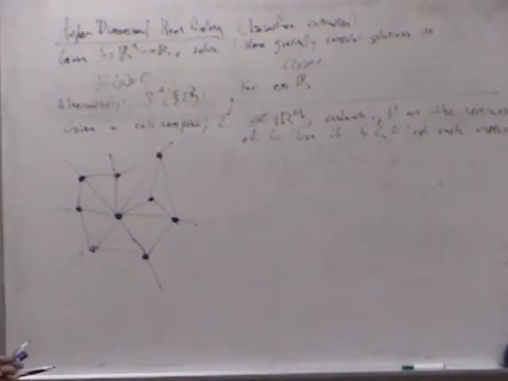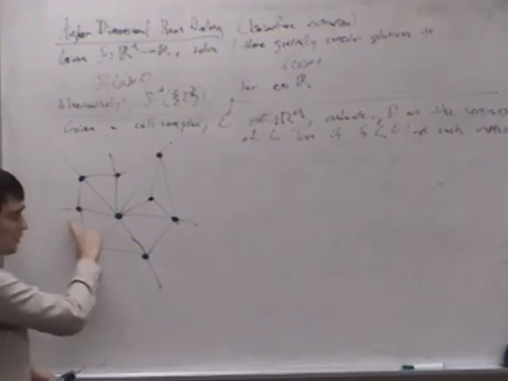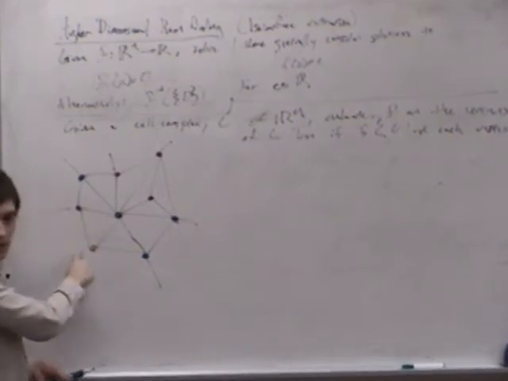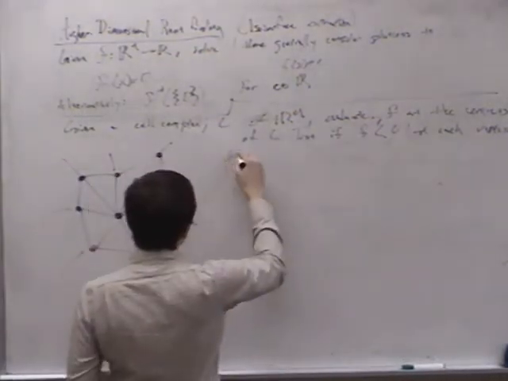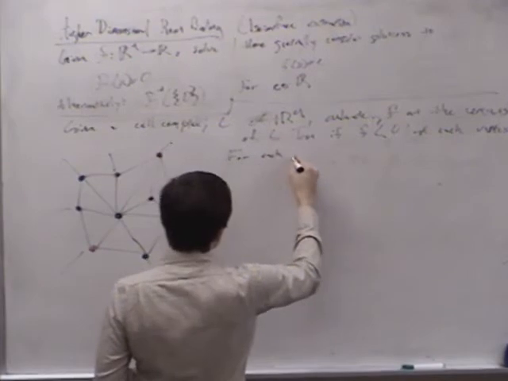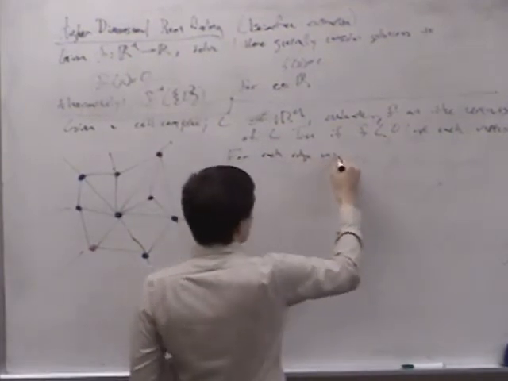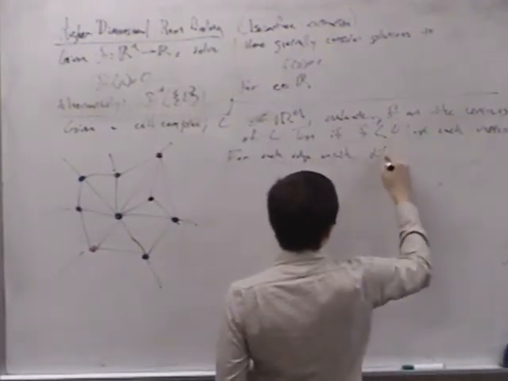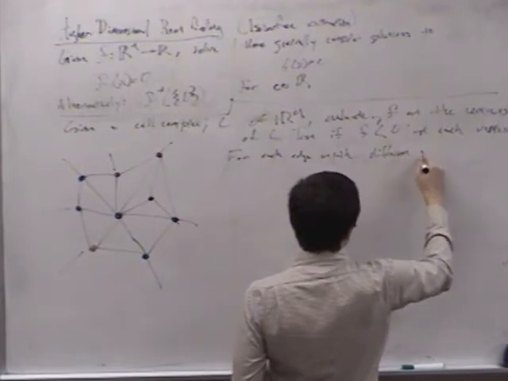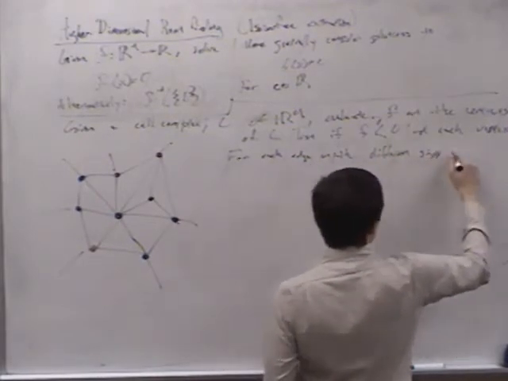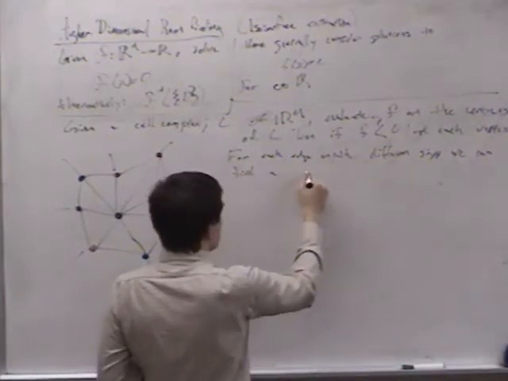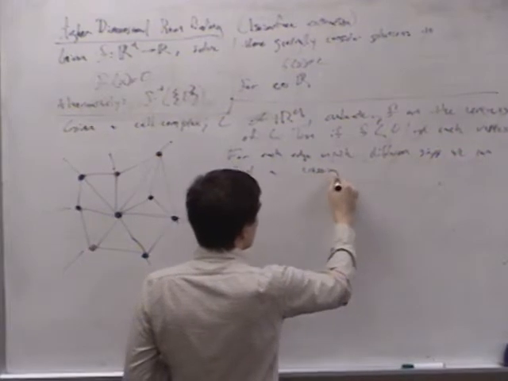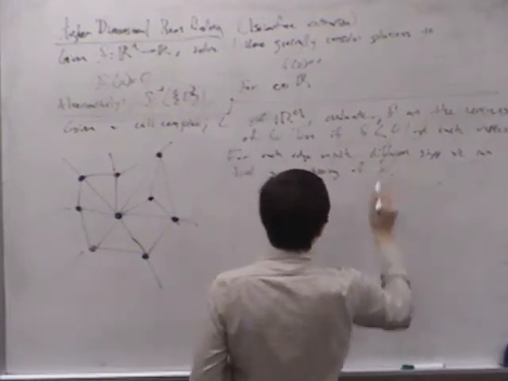And then using bisection, we can find for every edge where the sign of f was different at either endpoint some crossing, right? So we'll say for each edge with different sign, we can find a crossing of f.